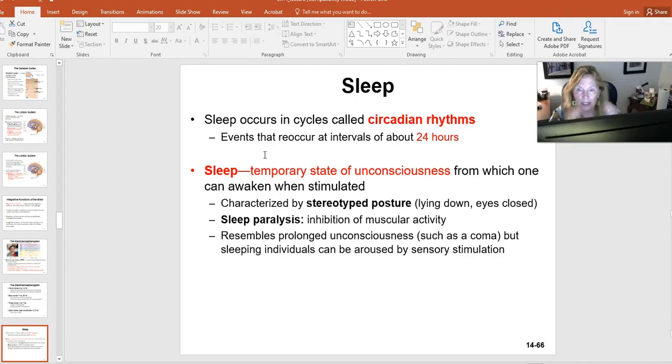Every individual has a known amount, depending on what's going on in their life, a known amount of sleep that they are going to need. Some people really need less sleep than other people to stay in a perfect state of health and well-being. Genetics plays a role to this. Overall health plays a role in this, how much sleep you're actually needing.